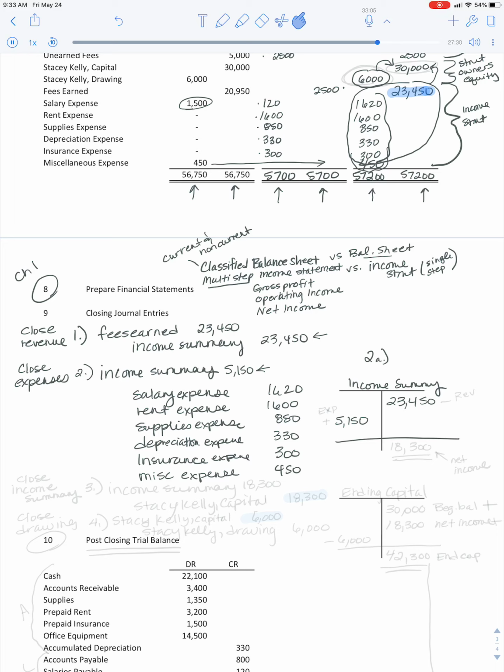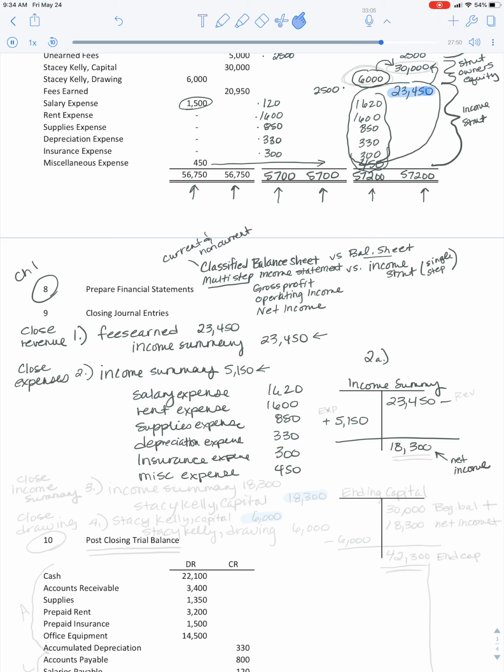So if we add on all our debits and subtract our credits, we end up with a credit balance of $18.30. So the balance in our income summary is actually going to be the same thing as net income.